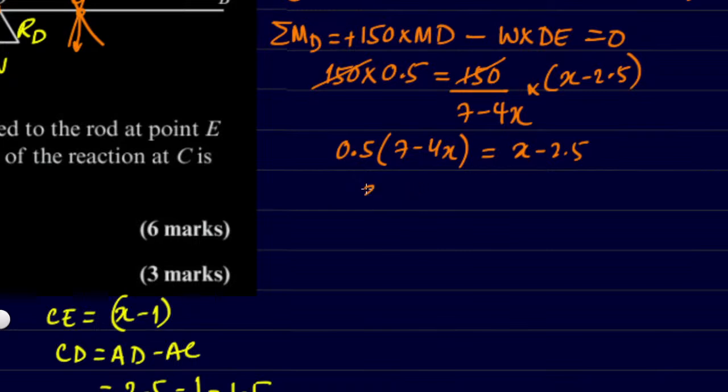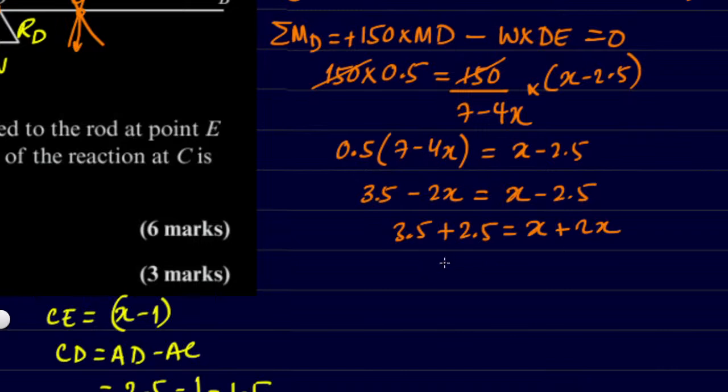So 7 into 0.5 is 3.5 minus 2x equals x minus 2.5. So 3.5 plus 2.5 equals x plus 2x now. So this is 6 equals 3x. So x equal to 2. How come?